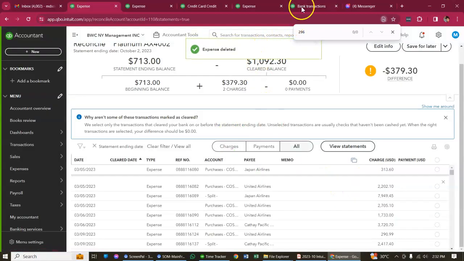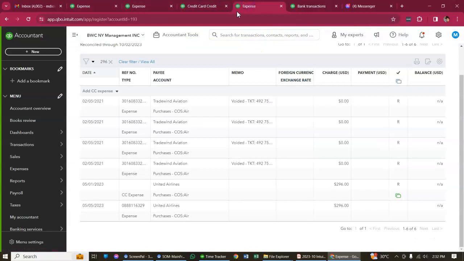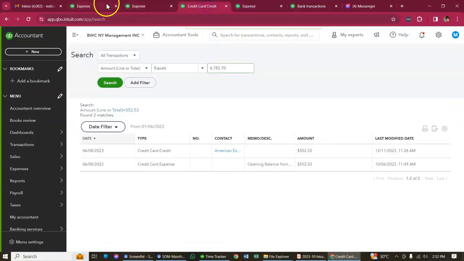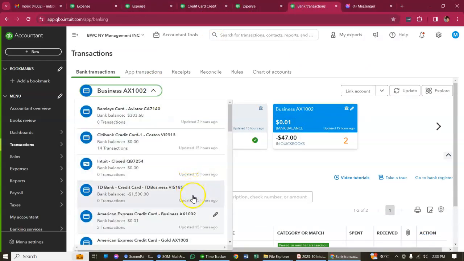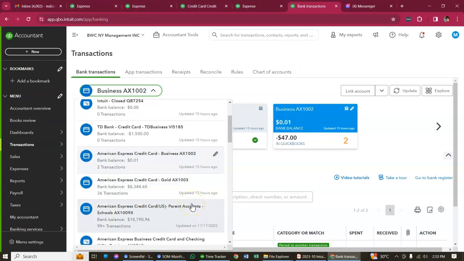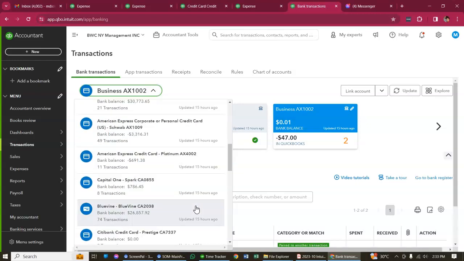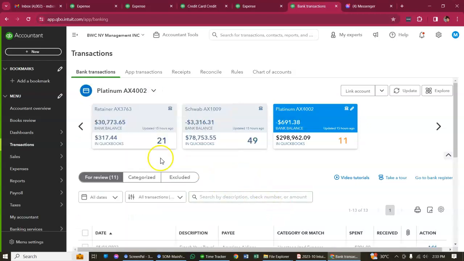Okay. Now, if it reappears in the bank transactions, like we go to 4002. Okay.